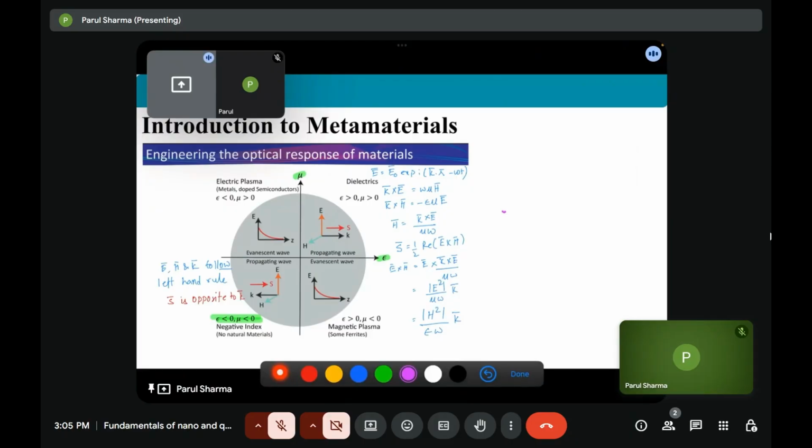Metamaterials are artificial materials that have been created, for which there is no existing natural counterpart.